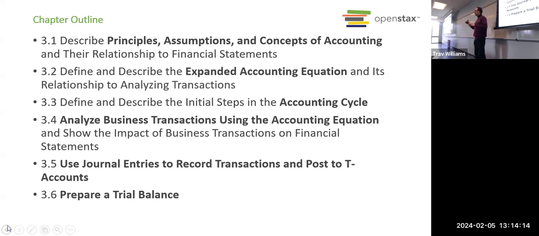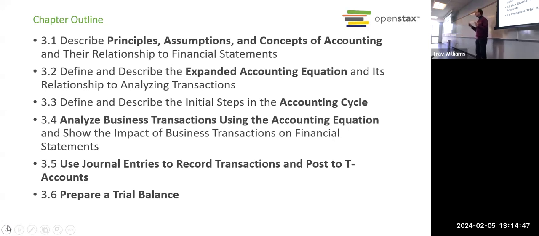Now we're going to get into an expanded accounting equation that goes into a little more detail. We will learn about the 9 steps in the accounting cycle. We will learn how to see how any one transaction impacts the accounting equation. I told you that with our double entry bookkeeping system, every transaction impacts at least 2 accounts, right?